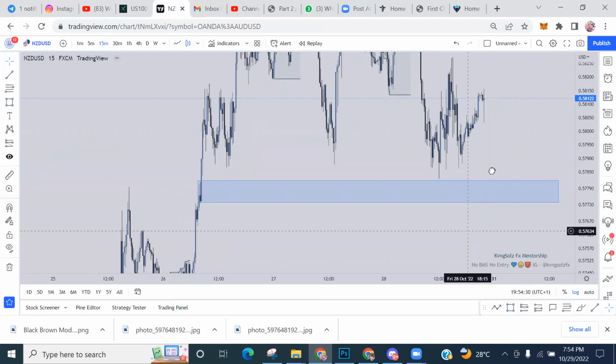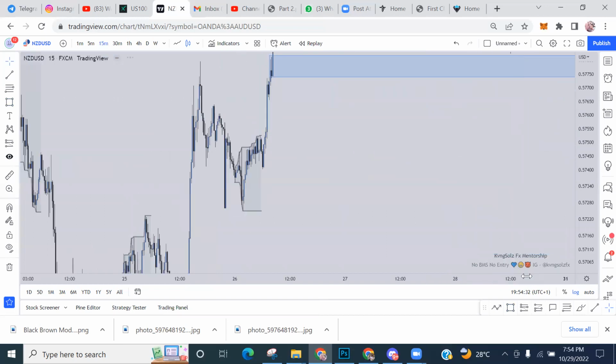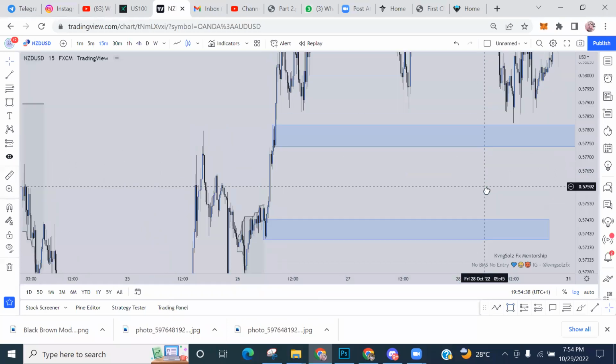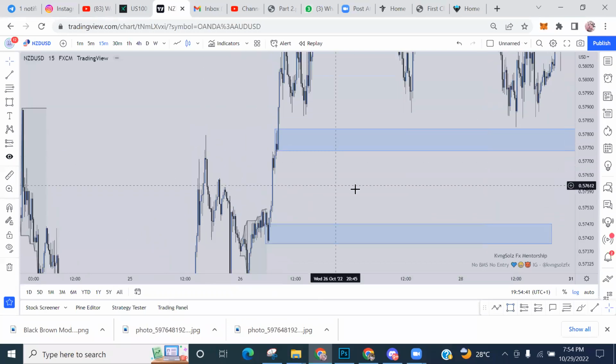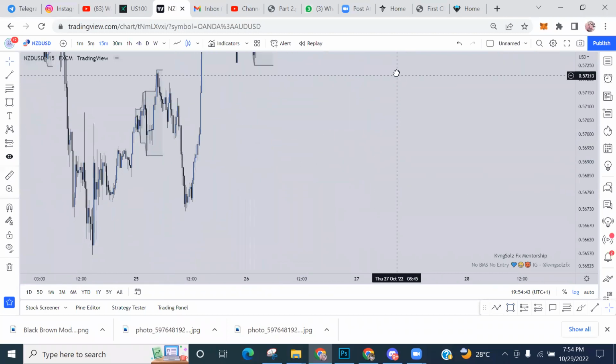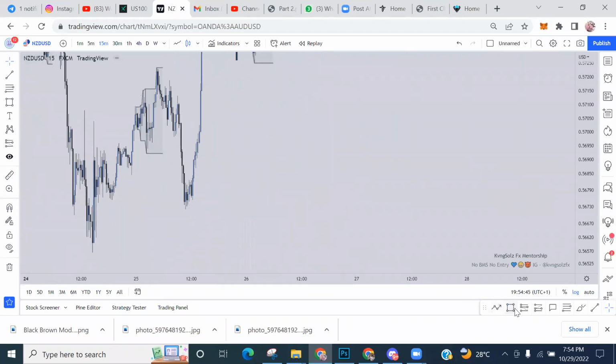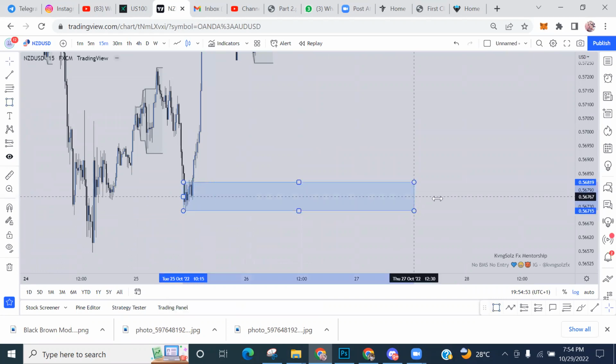But I don't like that zone because we are still looking at zones like that. Okay. So this one did break this structure. You understand? So look to buy from here. And because of this imbalance, you can look to now buy from this guy. Why are you buying from here?